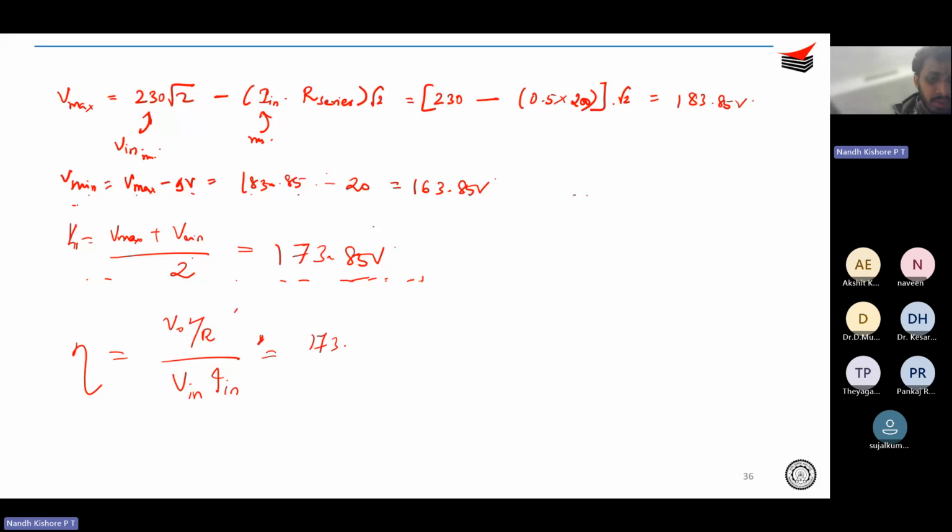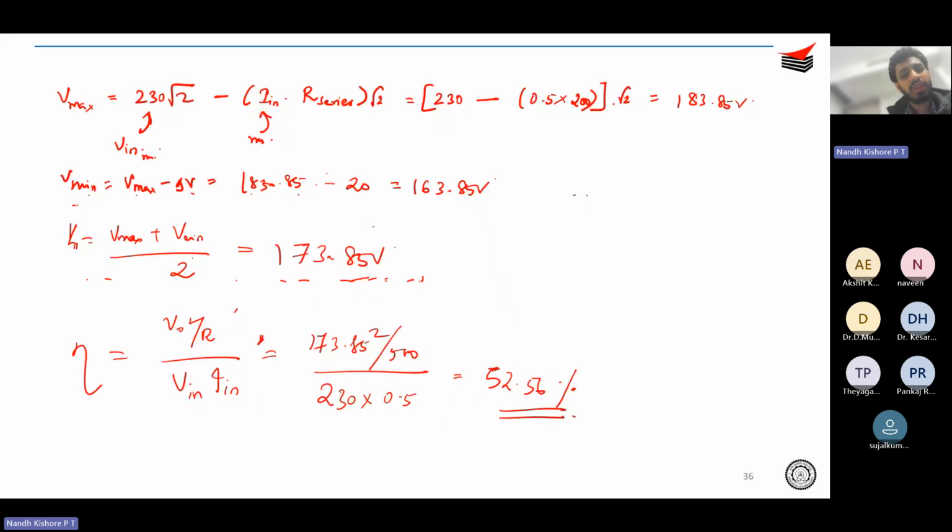Okay, so 173.85 square over R, which is 500 ohms, divided by V in I in, which will be 230 into 0.5. Okay. So it turns out to be somewhere around 52.56%.